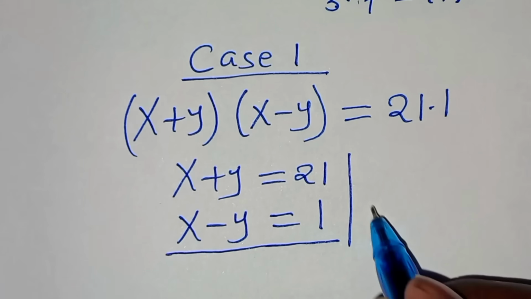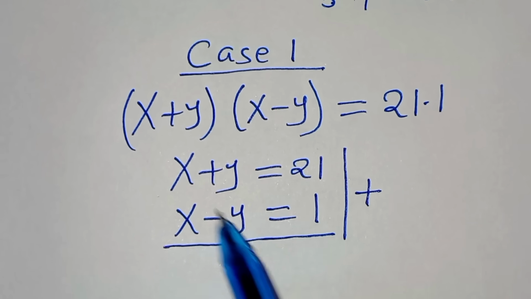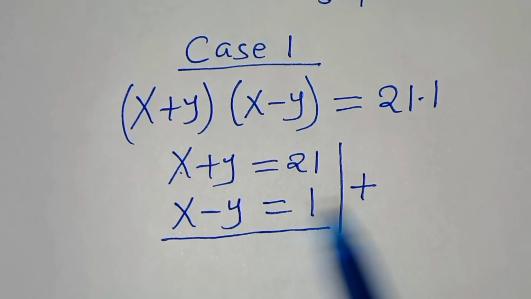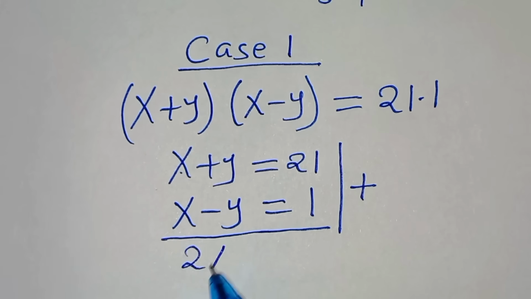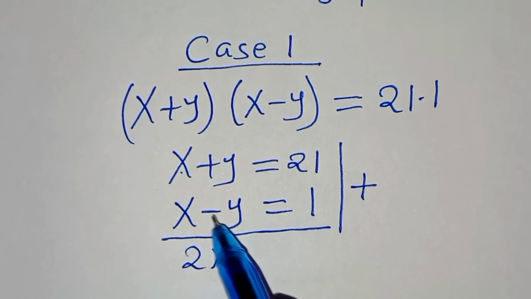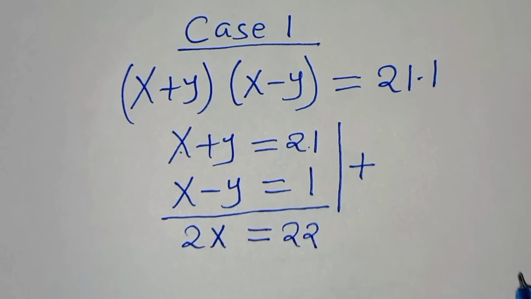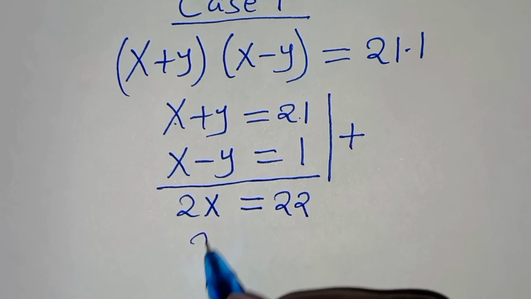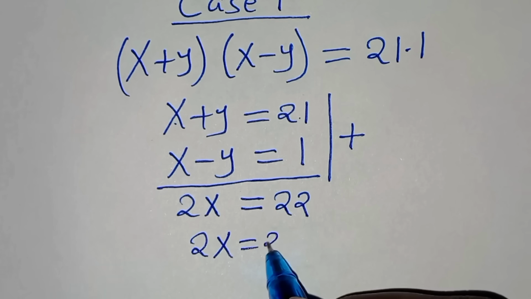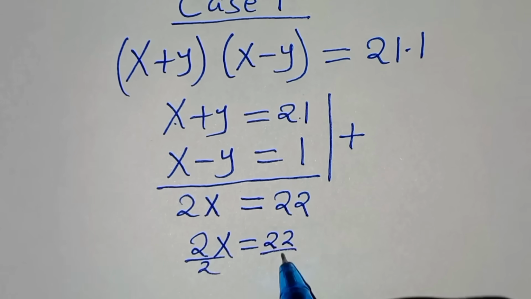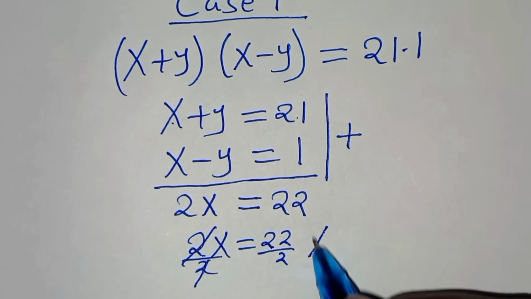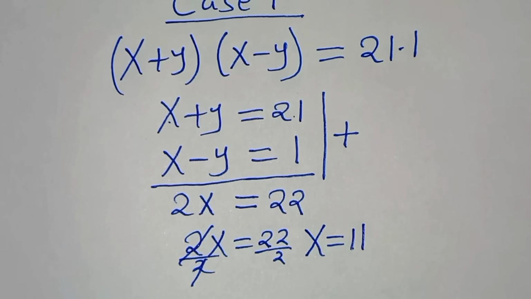Let's sum these two equations: x plus x is 2x, y plus minus y cancels, and this is equal to 21 plus 1, which is 22. So 2x is equal to 22. Let's divide both sides by 2, and we have x equal to 11.